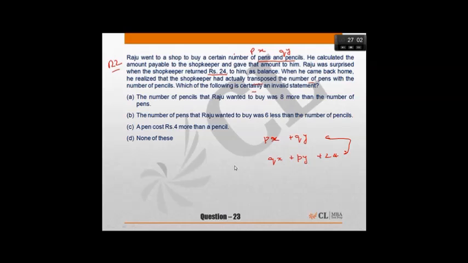I was doing this, let me just quickly do this. So px plus qy has to be equal to qx plus py plus 24. If we take them to the other side, we get (p minus q) into x plus (q minus p) into y equal to 24.